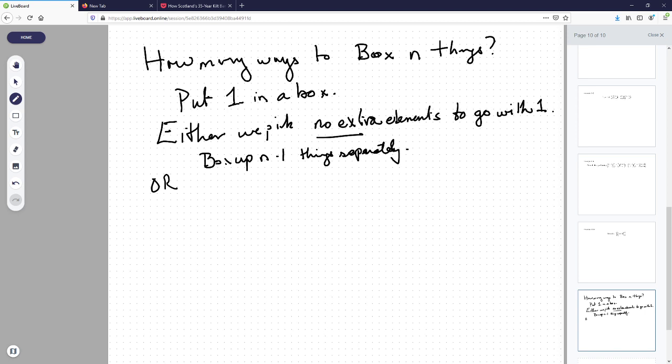Or we pick 1 extra thing to go with 1. We're proving that formula. So if you pick 1 extra thing to go with 1, then that means you need to box up n minus 2 things.